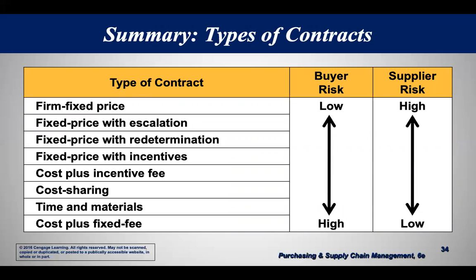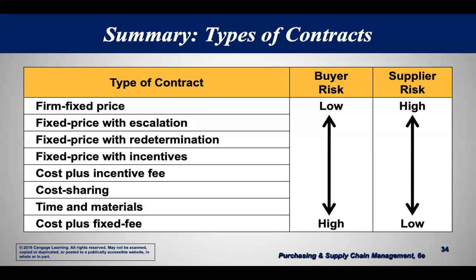Starting at the top, where the price is fixed, and all the way to the bottom, which is the loosest, if you will. So who bears the risk, the buyer or the supplier? So the firm fixed price, generally speaking, is the lowest risk for the buyer and the highest risk for the supplier.